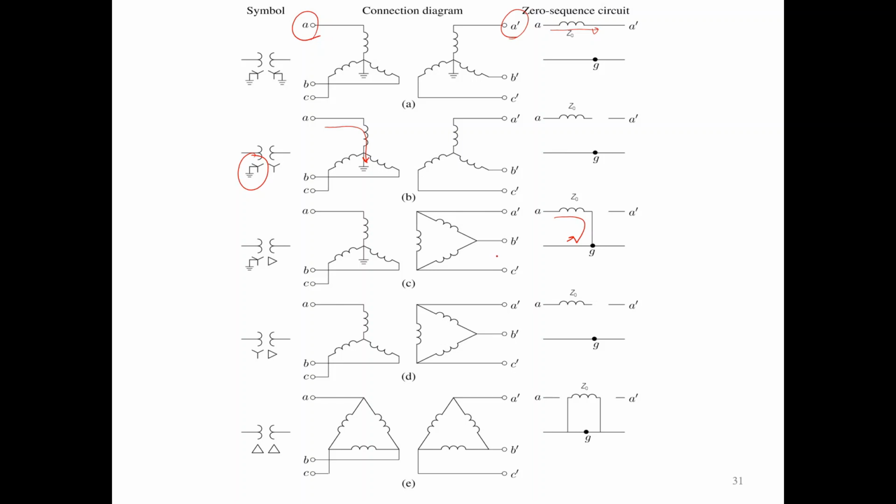The open Y has the same effect as figure number 2, Y and delta on the other side, and delta is represented by the closed path.